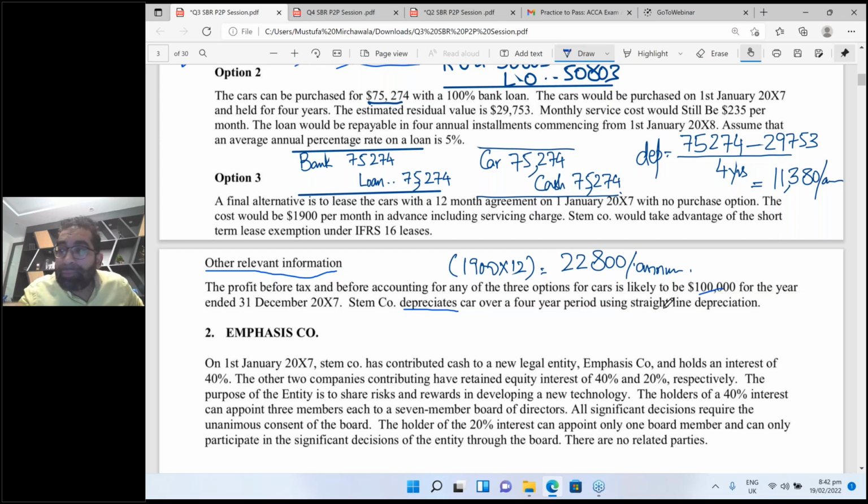So what they are saying is that this 100,000 is before taking anything. That means you have to deduct each and everything which I just taught you from this 100,000 yourself.